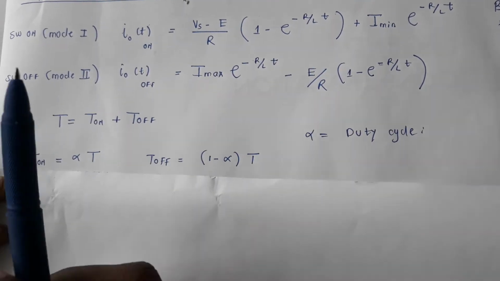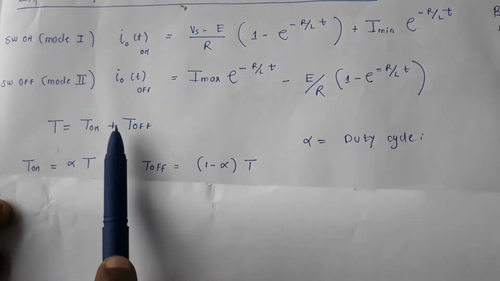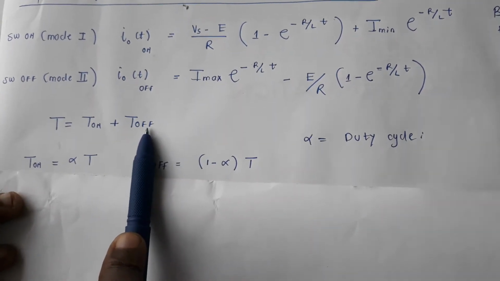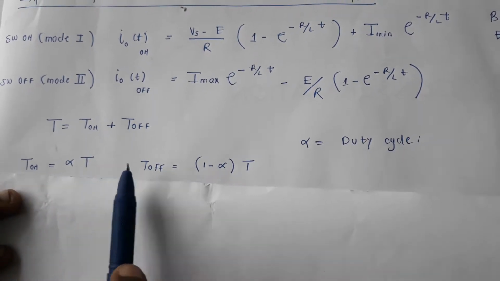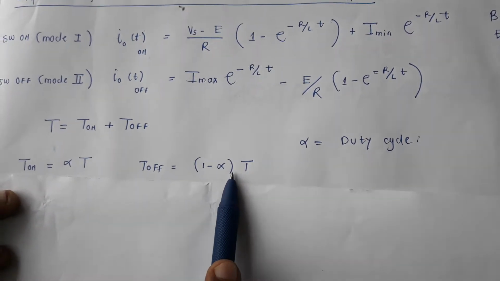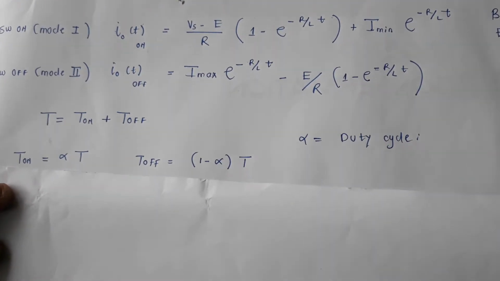We also say that the period T is equal to the on period plus the off period, where T on is given by alpha T and T off is given by 1 minus alpha T, where alpha is nothing but the duty cycle.